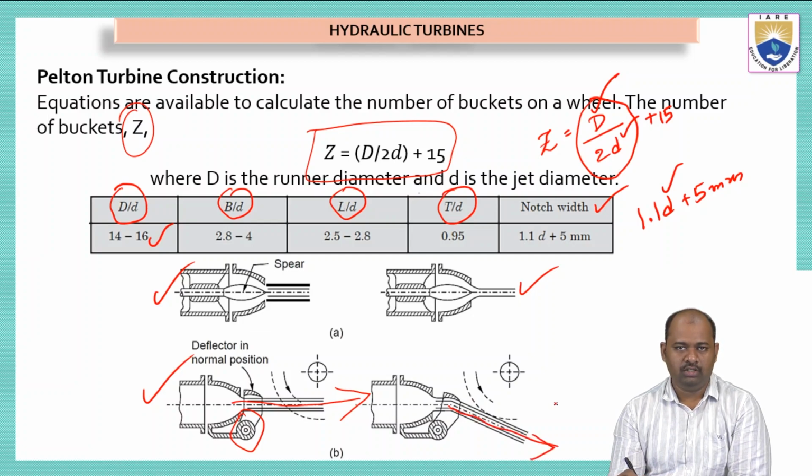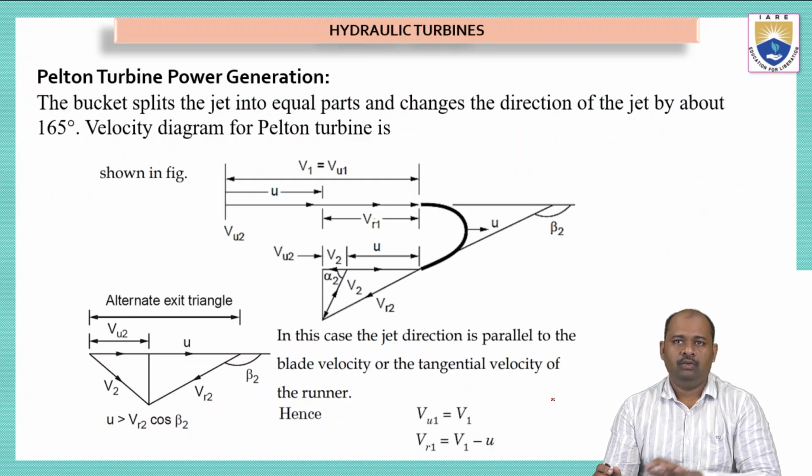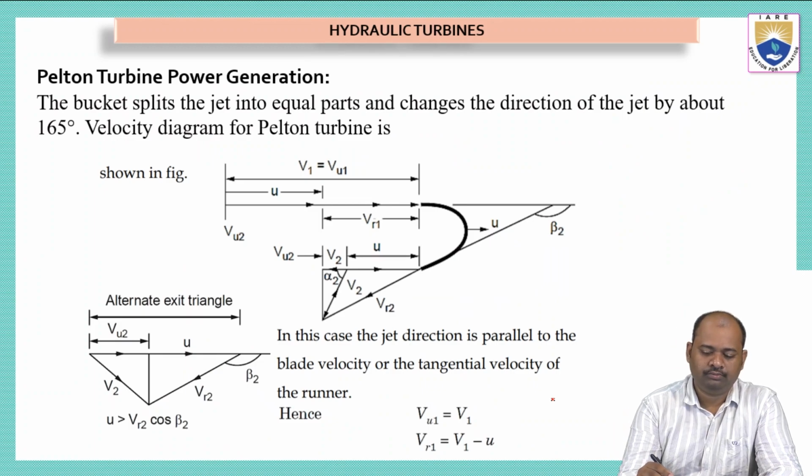The function of this deflector is to change the water flow so that we can change the movement of the turbine according to the speed. So this is how we can calculate the number of buckets on a runner. And then we'll see the construction of the velocity triangle for the Pelton wheel turbine.